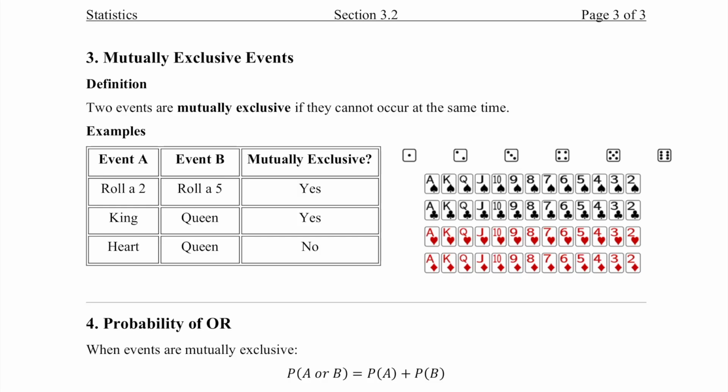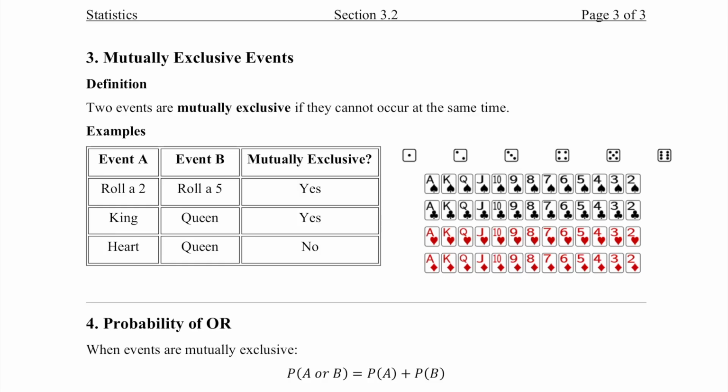Because both events cannot happen at the same time, they are called mutually exclusive events. Two events are mutually exclusive if they cannot occur at the same time. That's the key idea to remember. If one event happens, the other cannot happen.